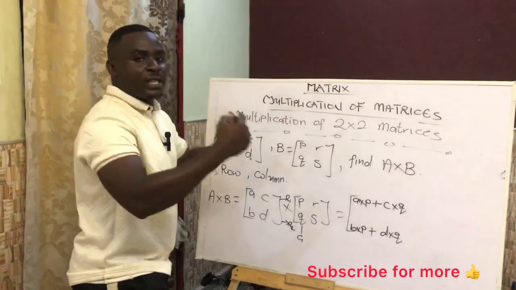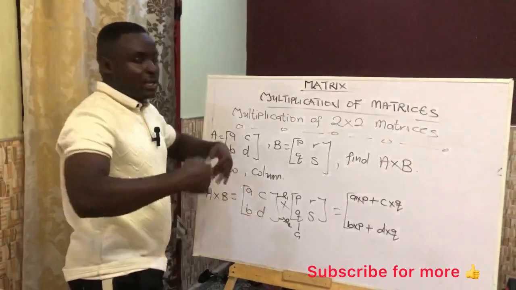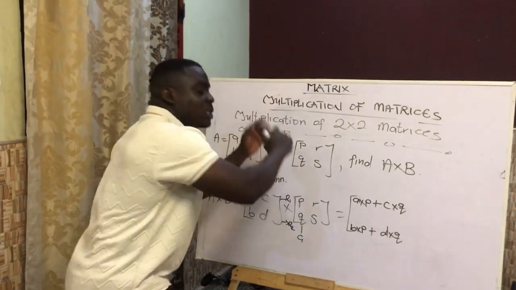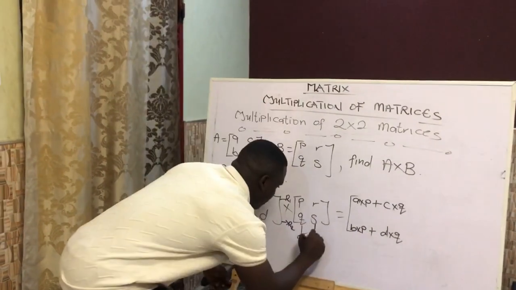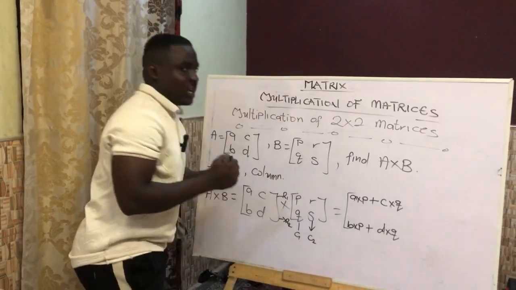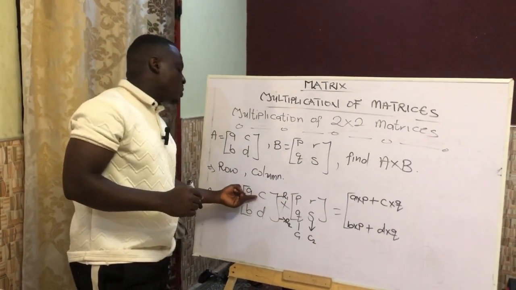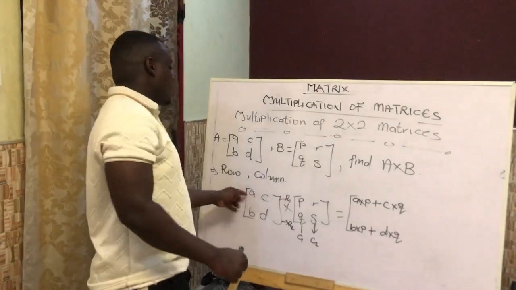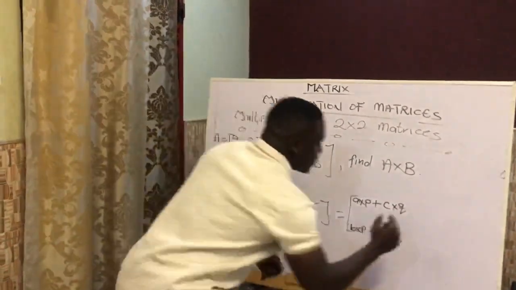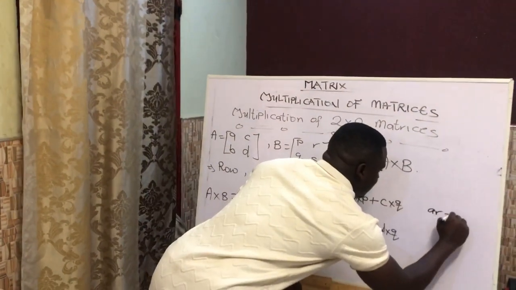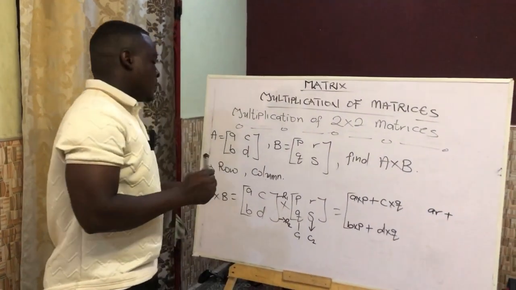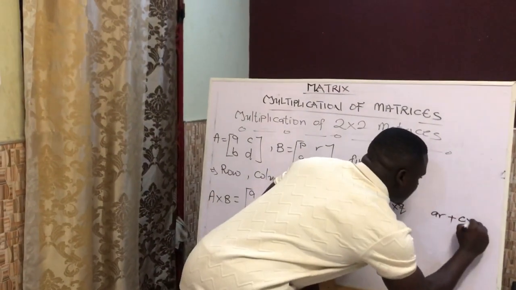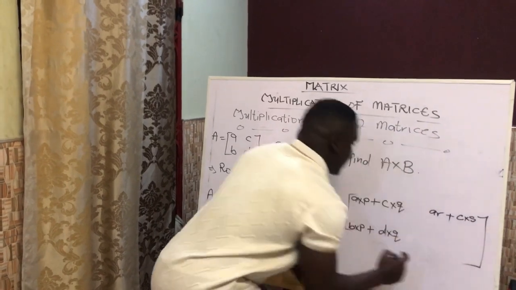So you move on to the next row and the next column. So this one, the same row will multiply the next column in B. So the first row in A multiplies the second column in B. So A multiplies R. You get AR plus C multiplies S, right?